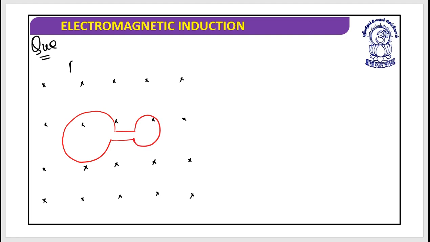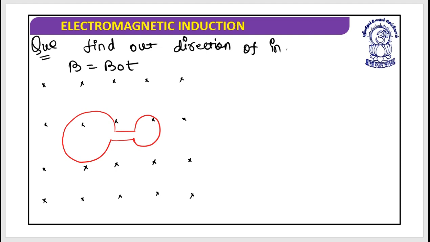The magnetic field is given as B is equal to B naught t. Now the question is, find out the direction of induced current. This is the requirement.